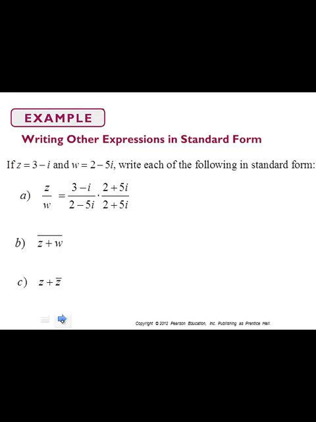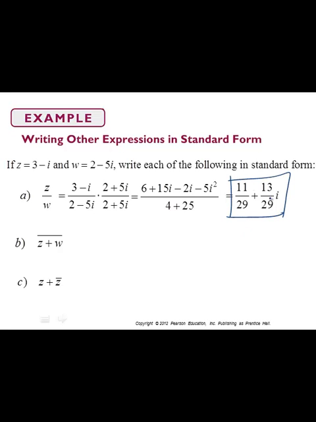Then you'll FOIL out the numerator, 3 minus i times 2 plus 5i. In the denominator, you have 2 squared plus 5 squared, which is 29. On the numerator, you'll have 6 plus 5, which is 11, and then 15 minus 2, which is 13. The denominator is 29. So the resulting complex number is 11/29 plus 13/29 i.